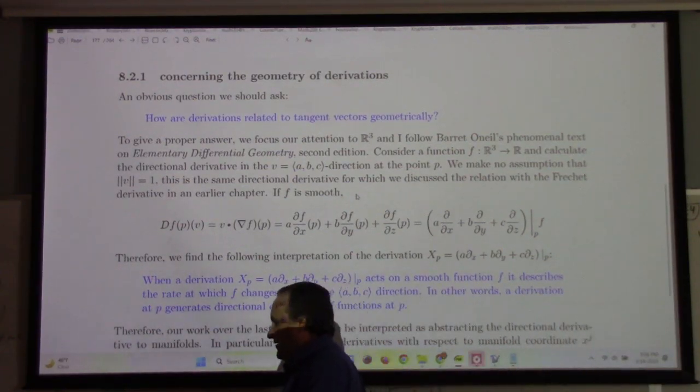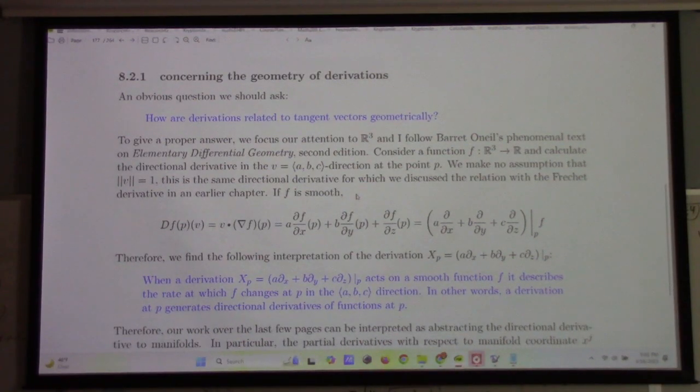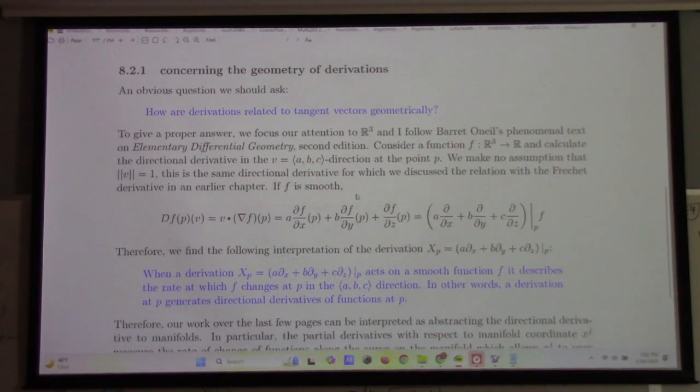It's the same thing as in Calc 3, really. But the new thing is we're going to take a weird step and say vectors are derivations. That's the weird new idea. Like, wait, what? Vectors are derivations? Yes, for us going forward, vectors are going to be derivations on smooth functions. That's how we define a vector in a manifold. Well, that's one of the ways.